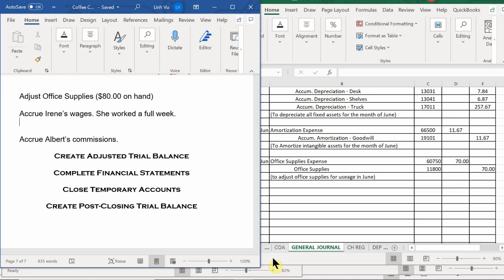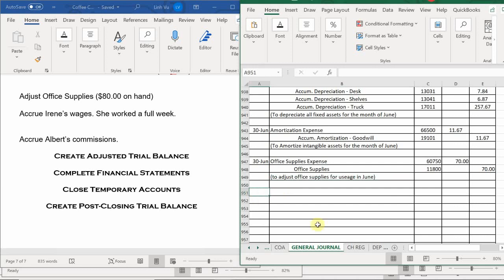So, in this case, if I owe her money, how am I going to go about this? How can I accrue someone's earnings? Any guesses? Can you repeat the question? One more time: how do I accrue for Irene's work?